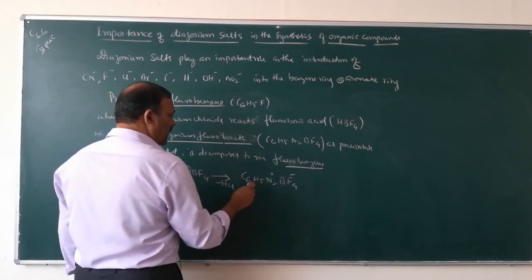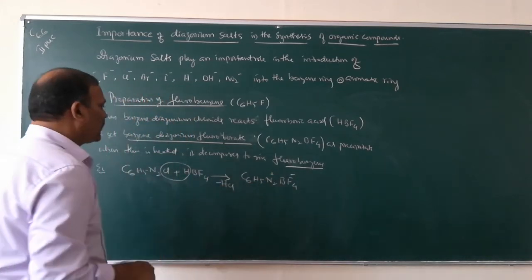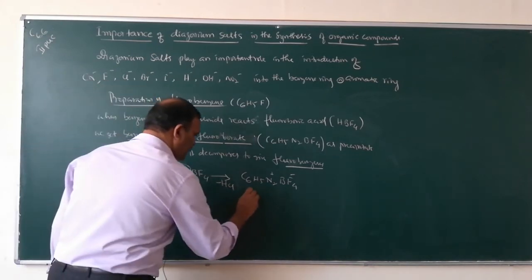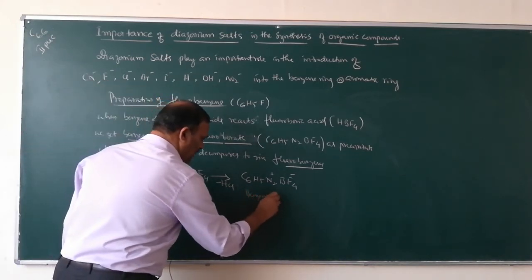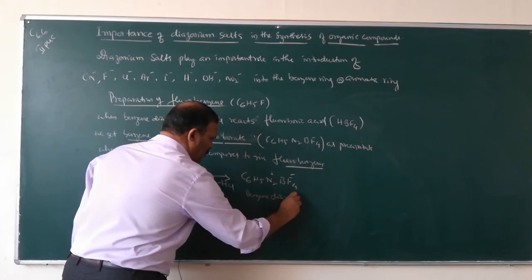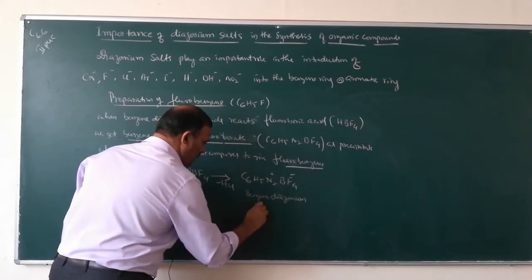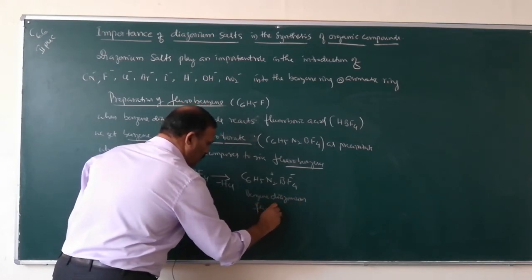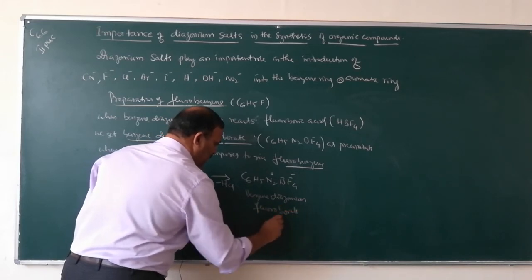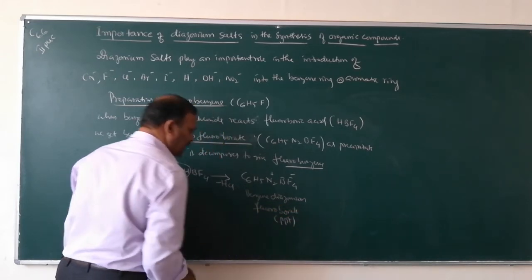So this is benzene diazonium fluoroborate. It is a precipitate.